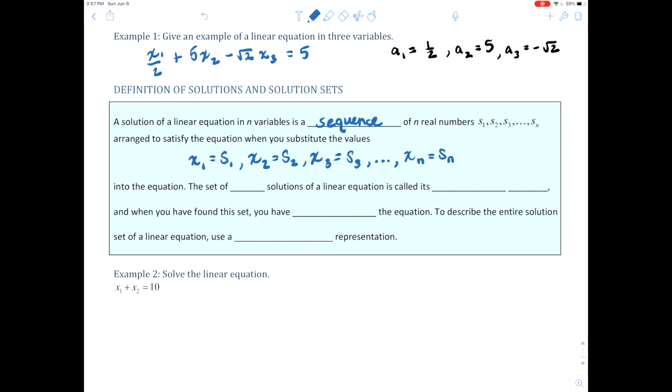Cool so far? So when you substitute or replace x1 with s1, x2 with s2, etc., all the way down to xn equal to sn, into the equation, you should get an identity statement, right? So the set of all solutions of a linear equation is called its solution set.